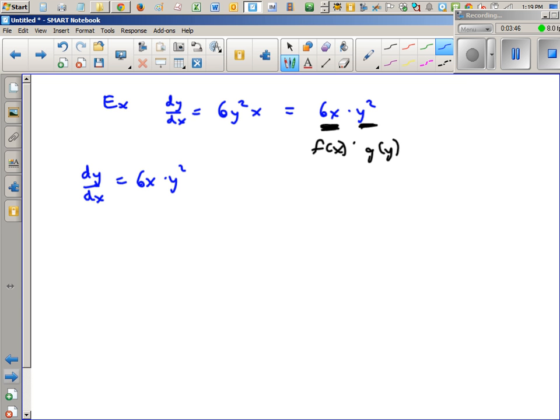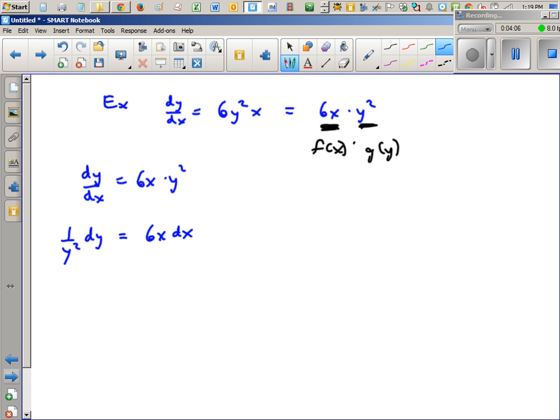Then what they do is they divide both sides by y squared, and at the same time move the dx to the right. So basically we divide by y squared and we multiply by dx.